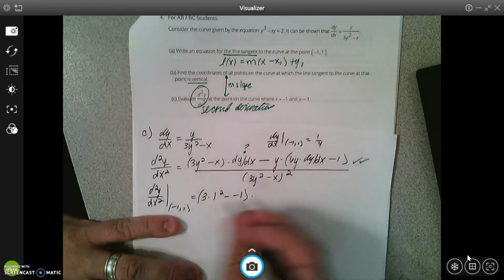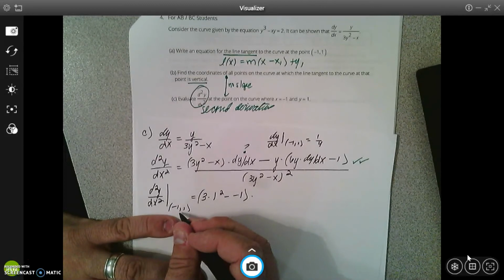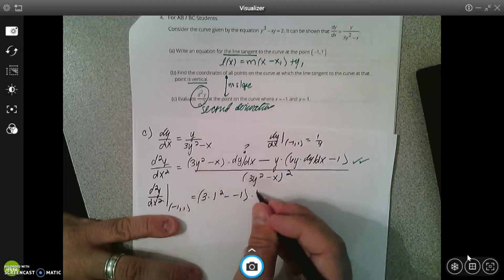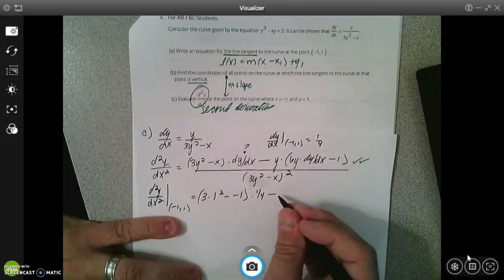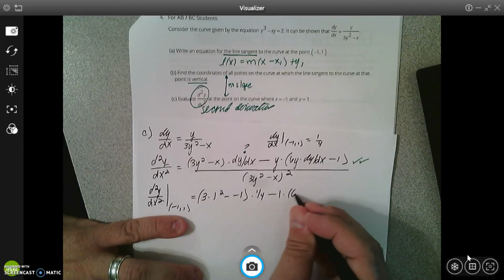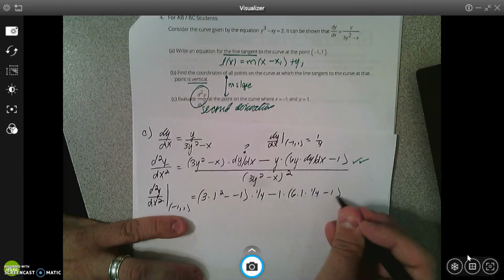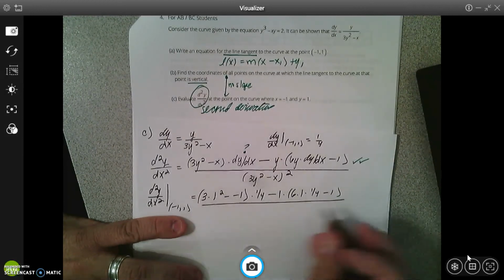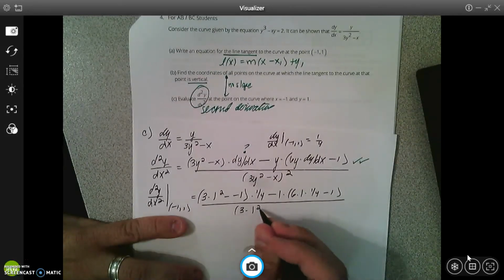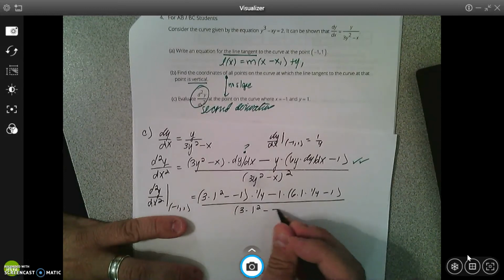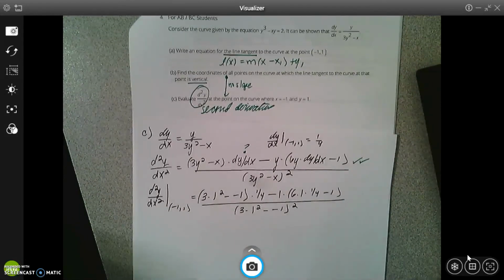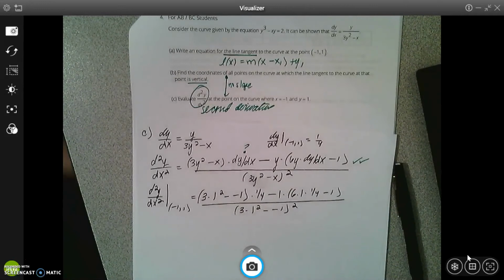So, because we're looking at the derivative at the same point, we have all this times 1/4 minus y times 6 times y times 1/4 minus 1, all over 3 times 1 squared minus -1, and all of that squared.